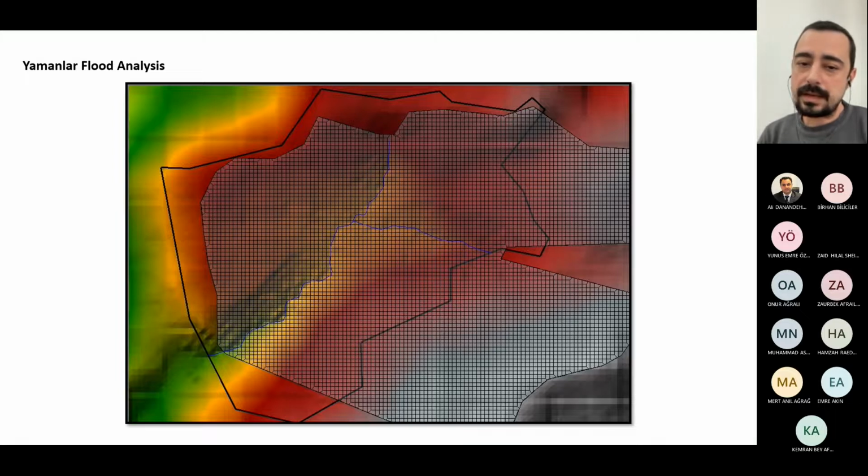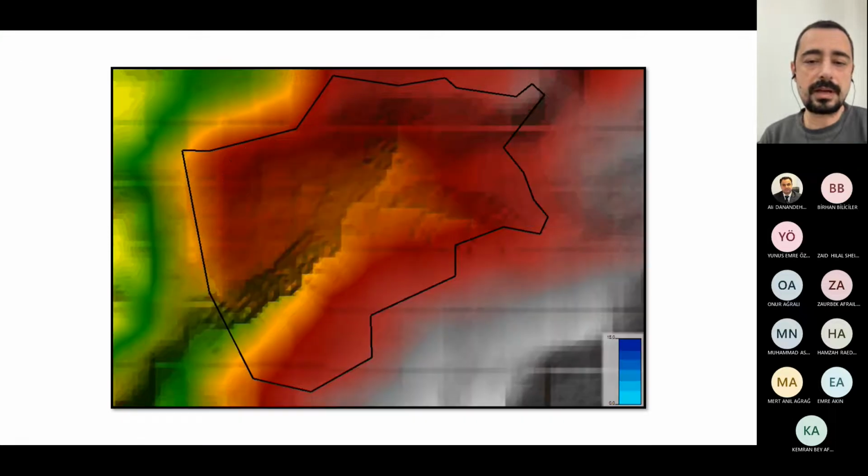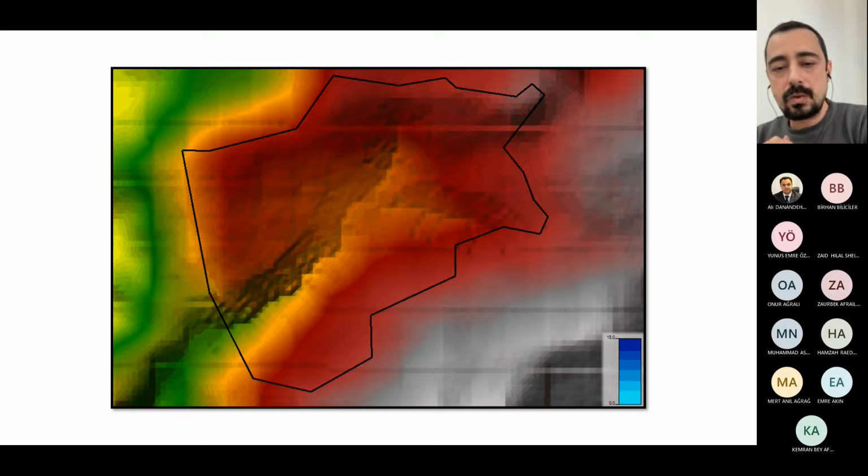This is again the HEC-RAS program, but it is working in two dimensions now. When we apply the precipitation, we saw this kind of water accumulation, and water going out from the field.